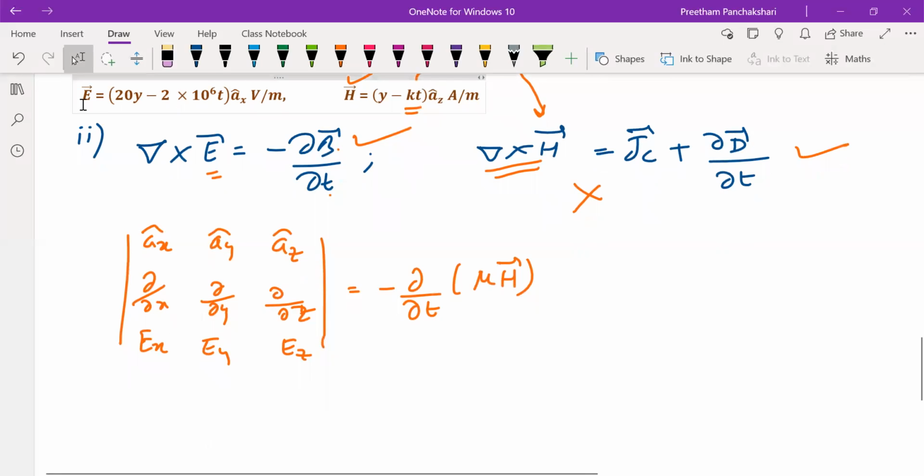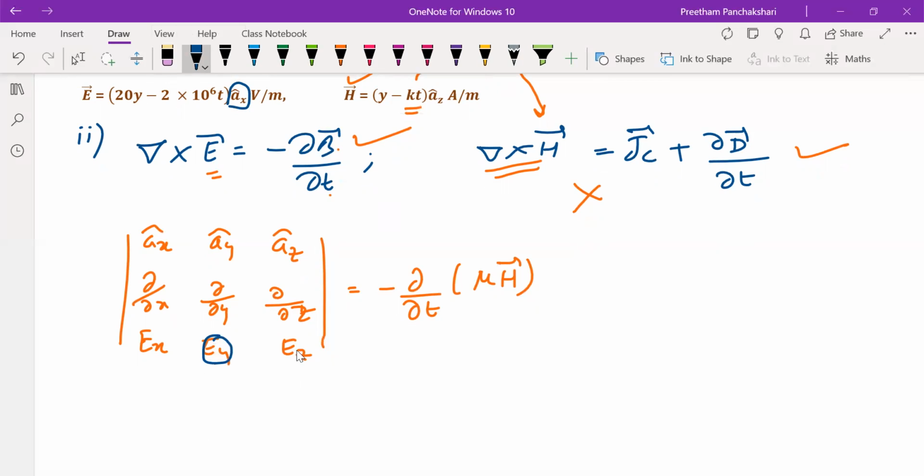Now look at E carefully. E has only an X component. So Ex is there, Ey goes to 0, Ez goes to 0. Only X is to be used. Now let us expand it. A cap X is the multiplication of these terms, 0 minus 0.